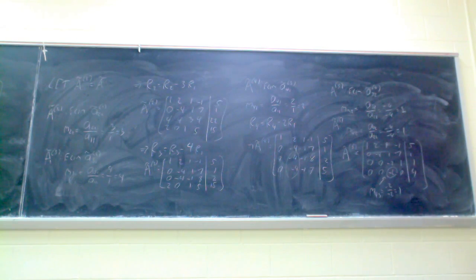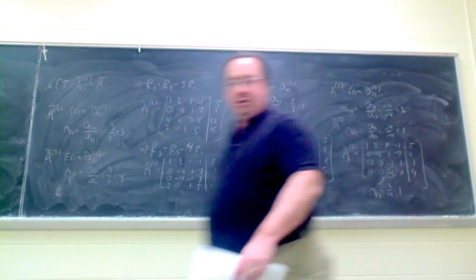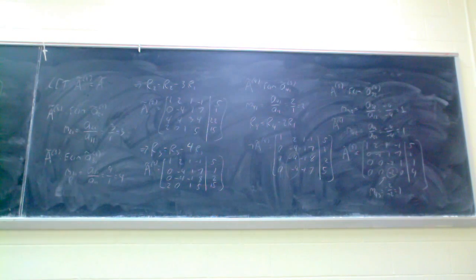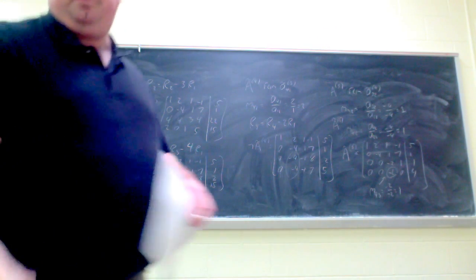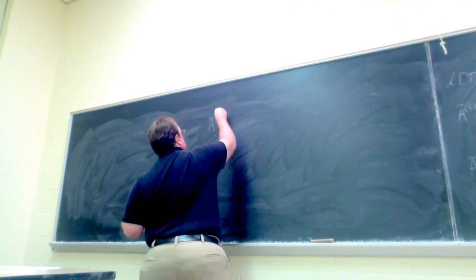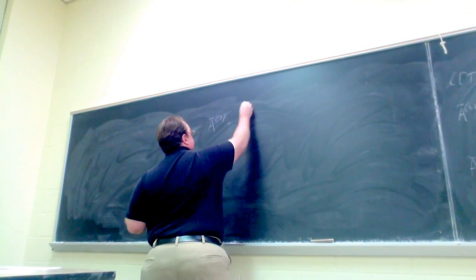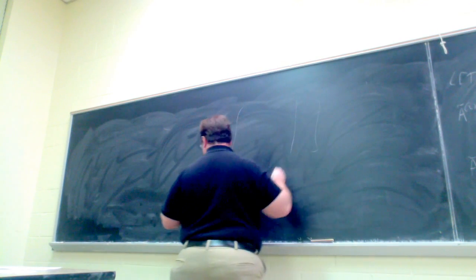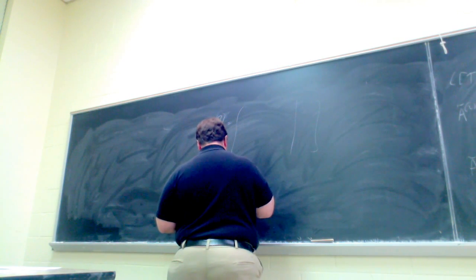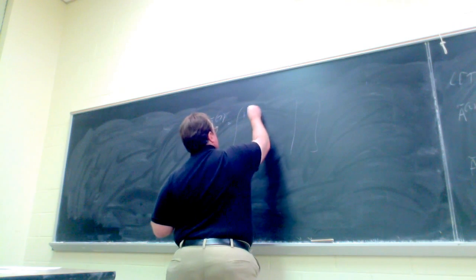So now we just have one last row operation. Okay, so A7. So final upper triangular matrix.